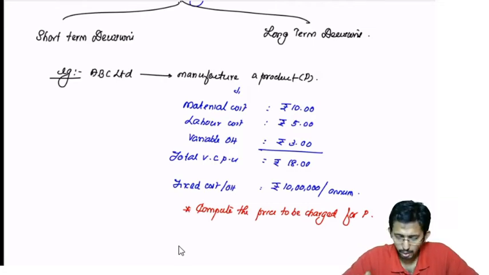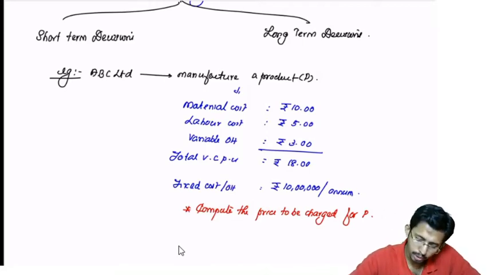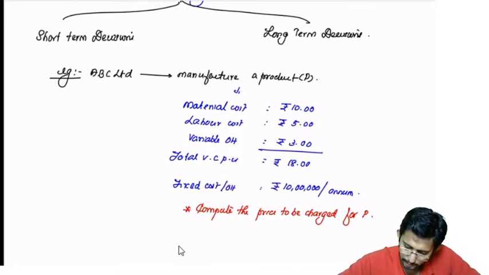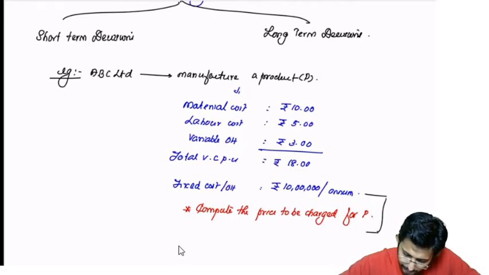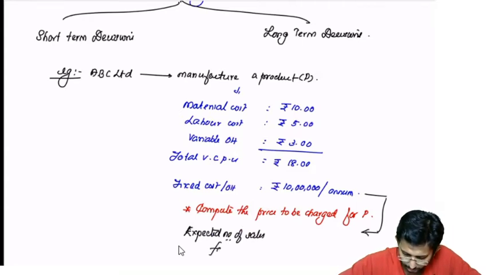Now, what will you do normally if you are asked to fix the price for product P? You will have to estimate what would be the expected sales for the particular year. Am I right? So you will expect that the expected number of sales for, I'm taking 2020, is 1 lakh units.